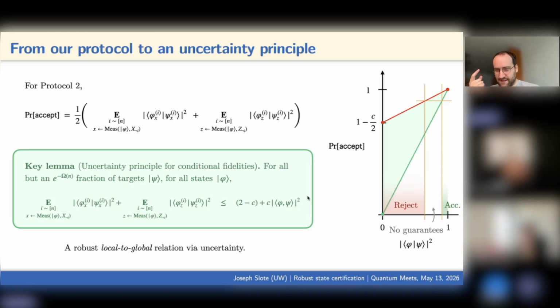This little c here is exactly what's determining how wide the gap is between reject and acceptance. So if you do improve the constant, it's not just a constant from the complexity theory standpoint. It's really meaningful for practice. So yeah, it might be a better constant.